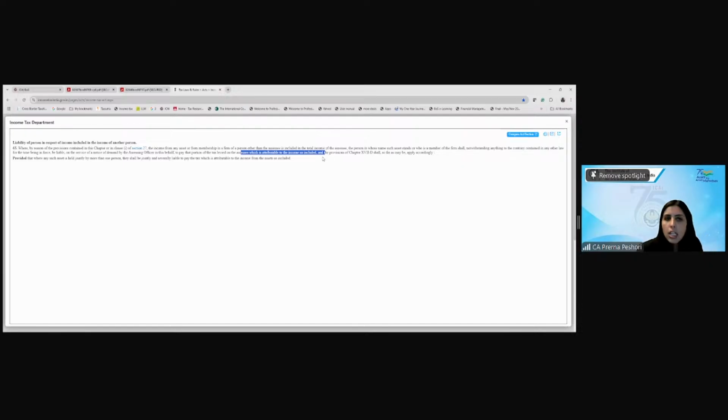What does it mean? That even if the asset is transferred to Mrs. Ravi, and the income from that asset is clubbed in the hands of Mr. Ravi because he is deemed to be owner as per 27(1), the AO can only recover the liability from Mrs. Ravi and not Mr. Ravi.